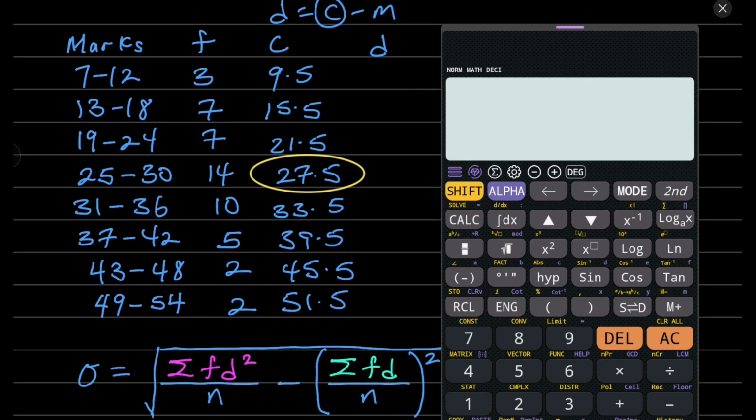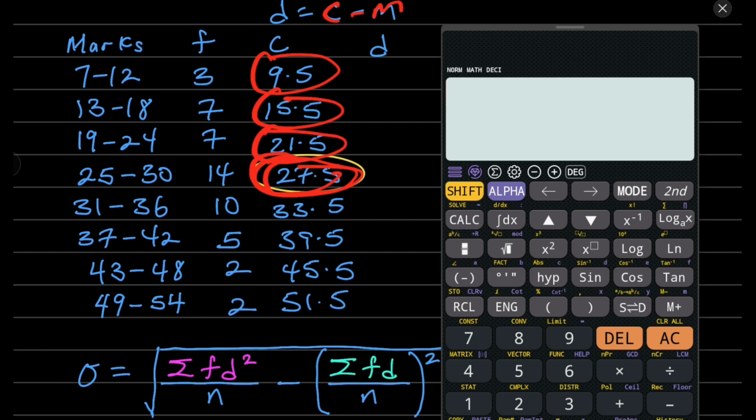Do not forget that your D is C minus M. So this is your first C minus your M, your second C minus your same M, your third C minus M, and then you fill up the column like that.